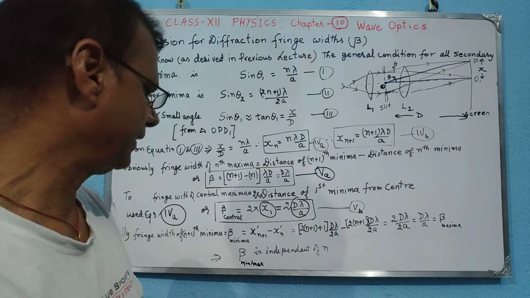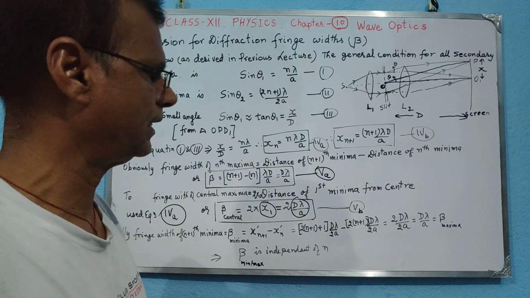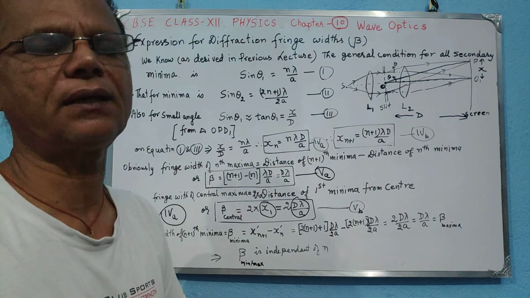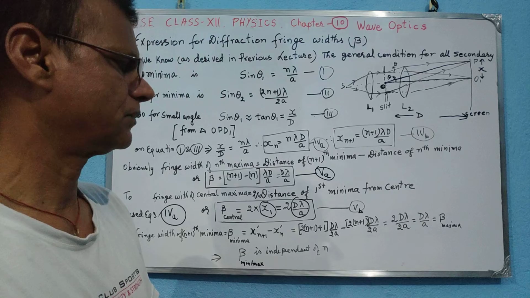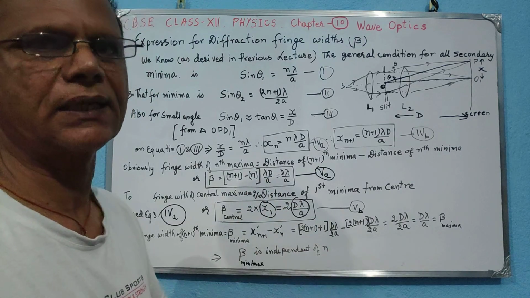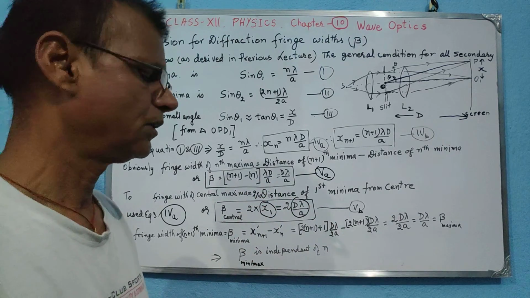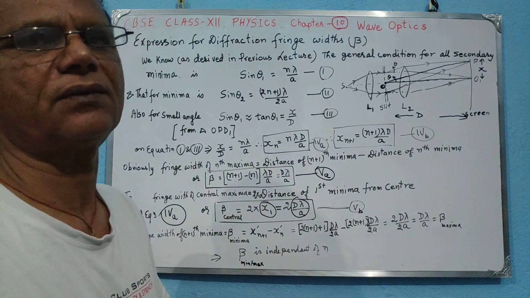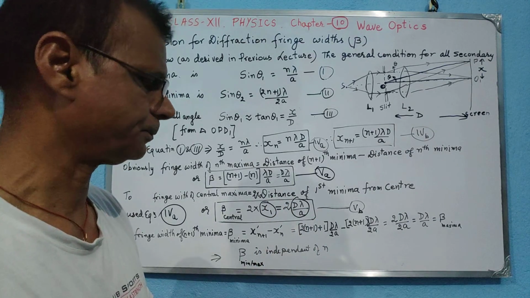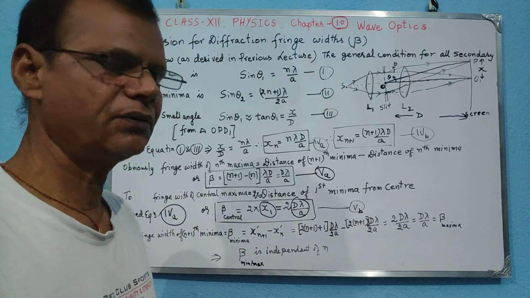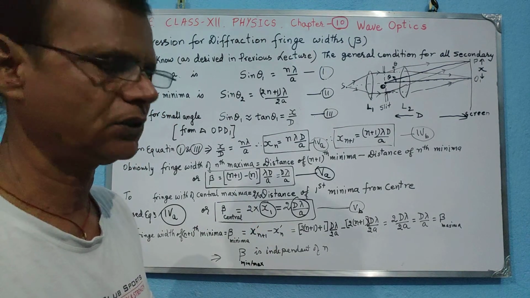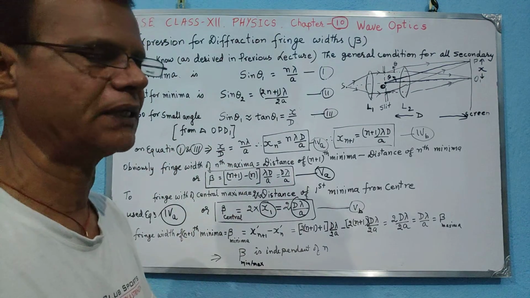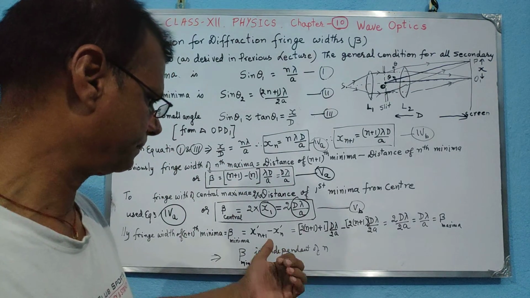And what we see is that the thickness of the minima is equal to the thickness of the maxima, and it is independent of the order, first secondary, second secondary or third secondary, maxima or minima, whatever it be; the thickness of the fringe remains the same. One thing you need to recognize and remember is that the fringe width for minima and maxima is d lambda by a.